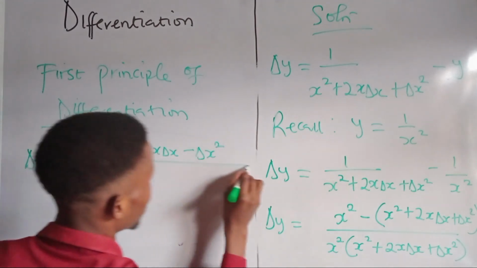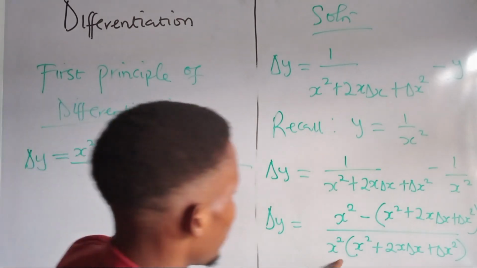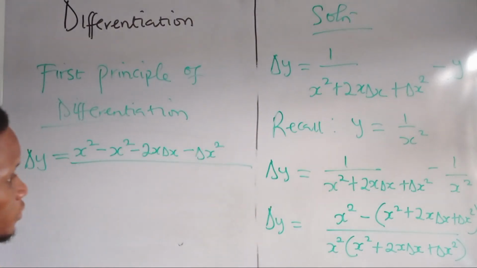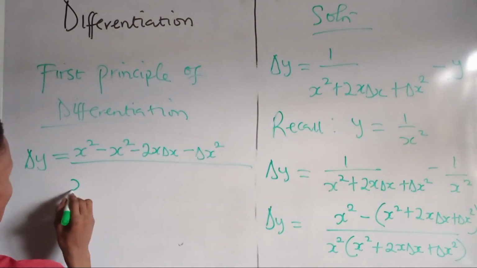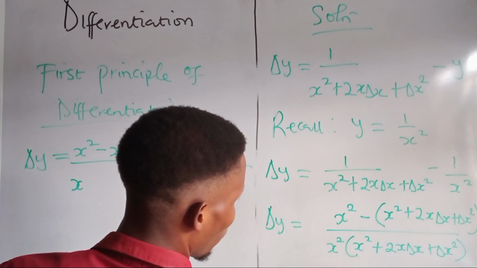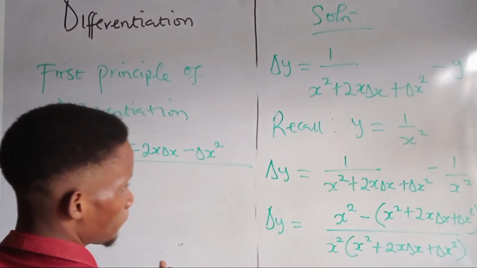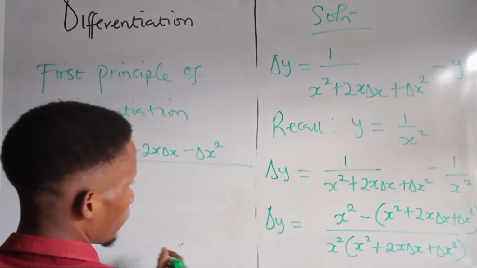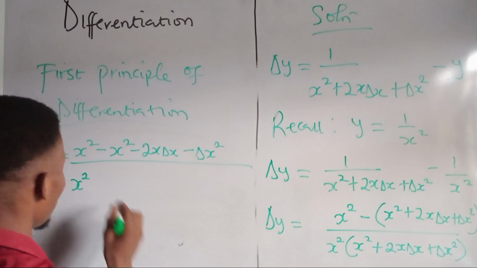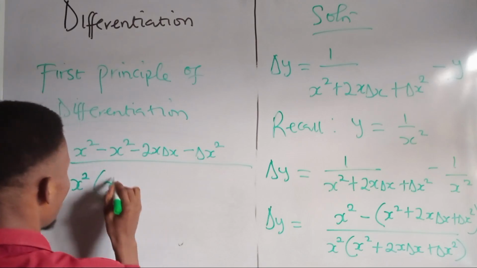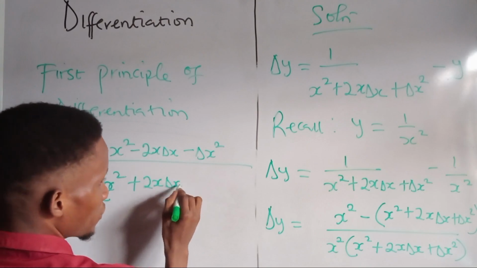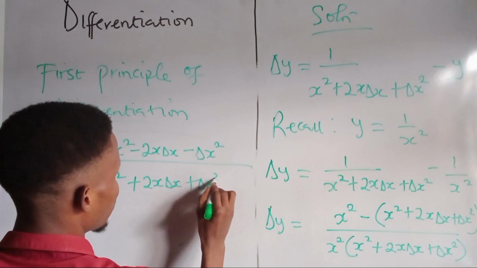Then all divided by, then here you can also do the same thing if you wish to. So you have s raised power 2, let's leave it first, bracket s squared plus 2s change in x plus change in x squared.